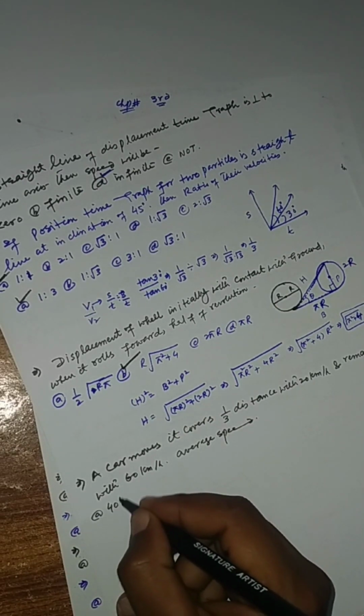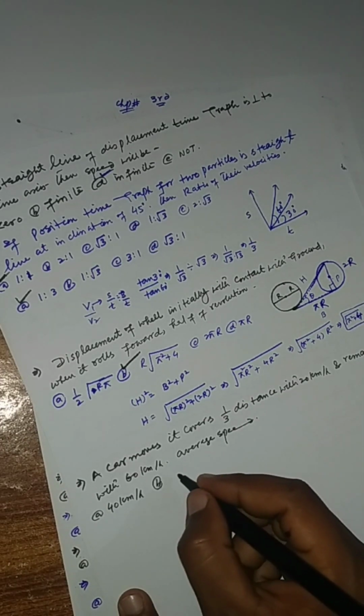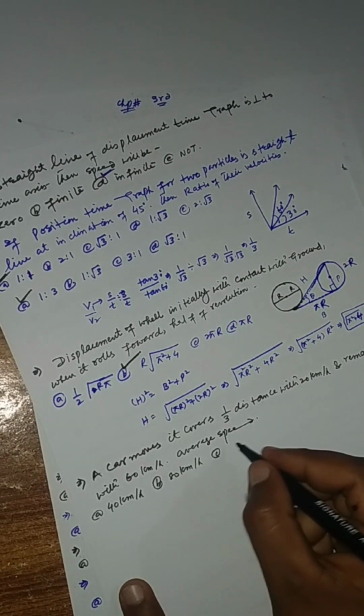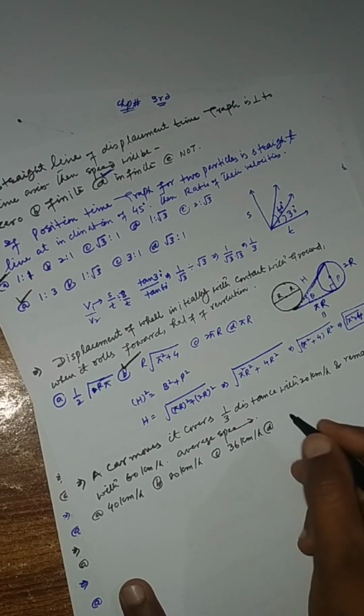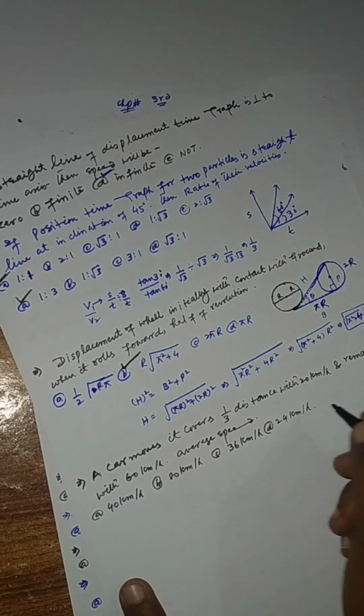Let's say 40 km/h or 80 km/h, or we may say 36 km/h, or option D 24 km/h.